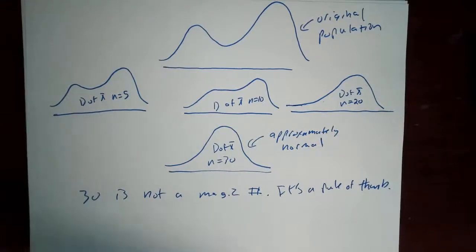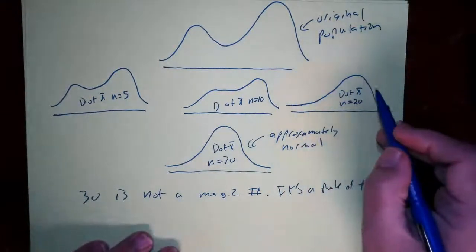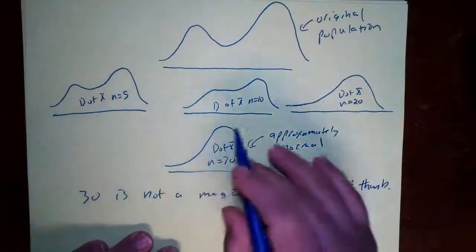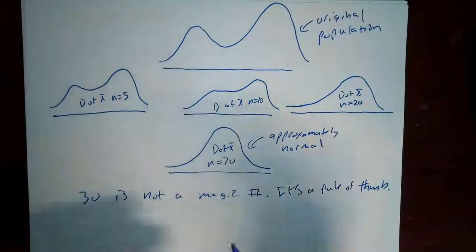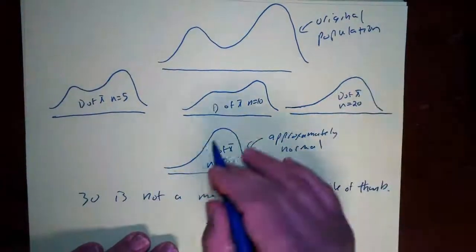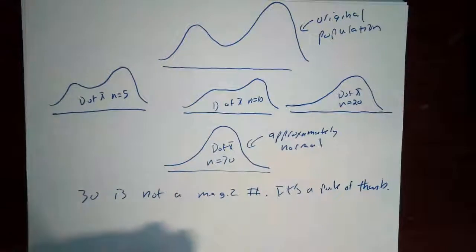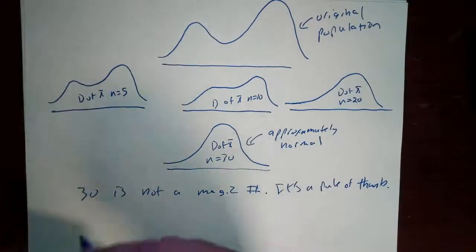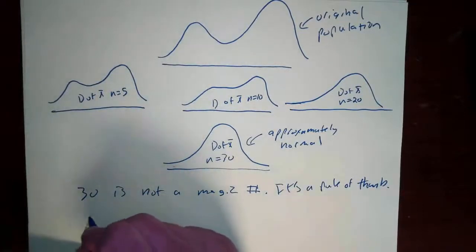But it's not a magic number. Let's say your original population was maybe just a little left skewed. Then you could probably get away with samples of size 10. By that point, something like this would be approximately normal. So 30 is not a magic number. It's a rule of thumb.